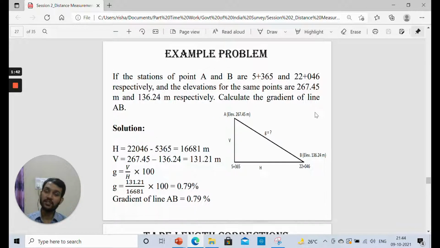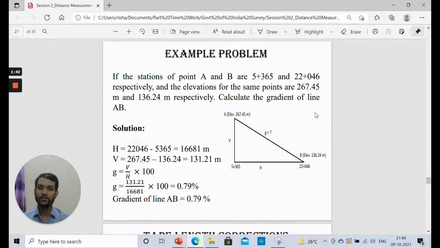So it will be 5 into 1000 plus 365, that is 5365 meter, and 22 into 1000 plus 046, that is 22046 meter. Once we have done this, we know the horizontal distance between these 2 points. It is 22046 minus 5365, which comes out equal to 16,681 meter. That is the horizontal difference between station A and B.